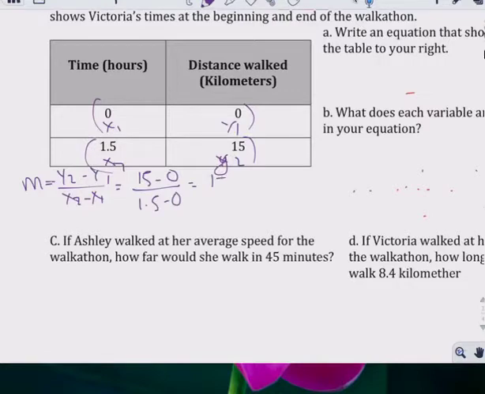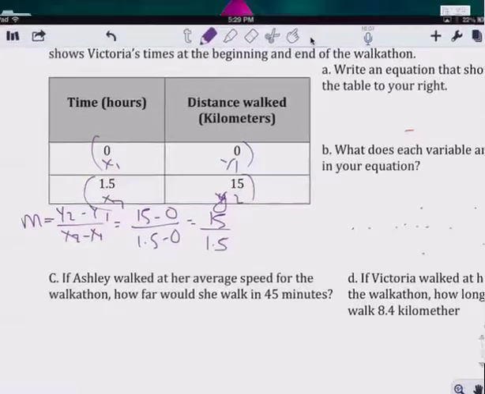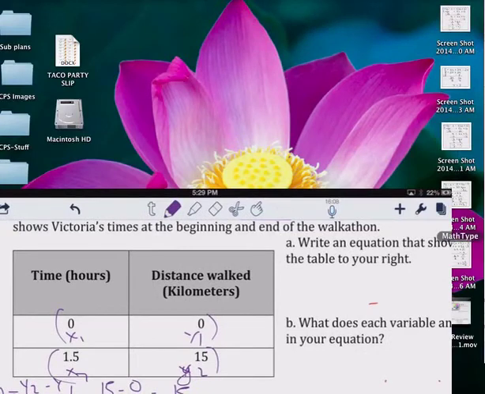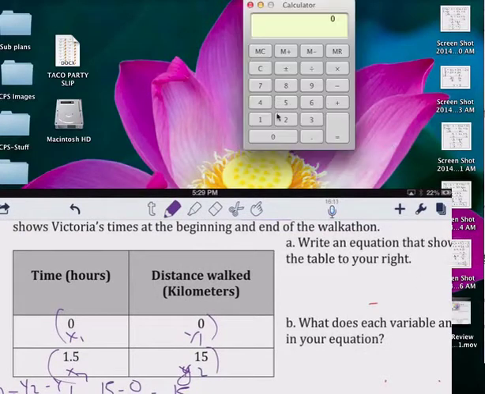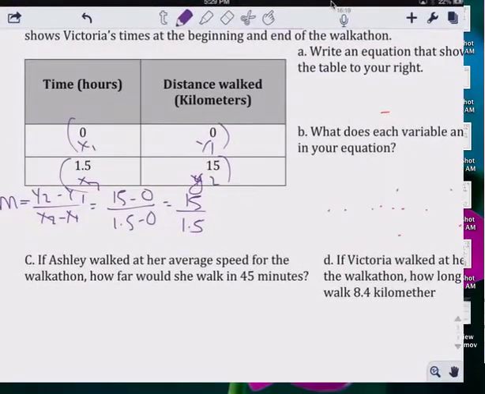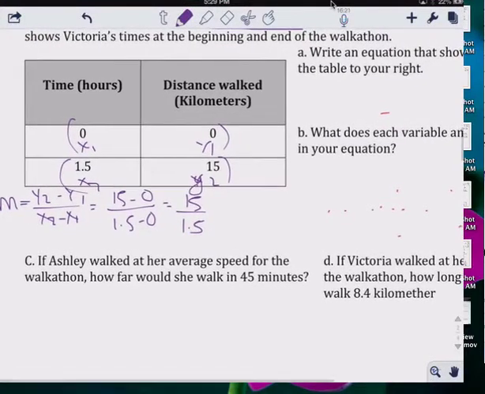So you got 15 over 1.5. Let's divide that. Calculator, 15 divided by 1.5, you get 10. The slope is 10.